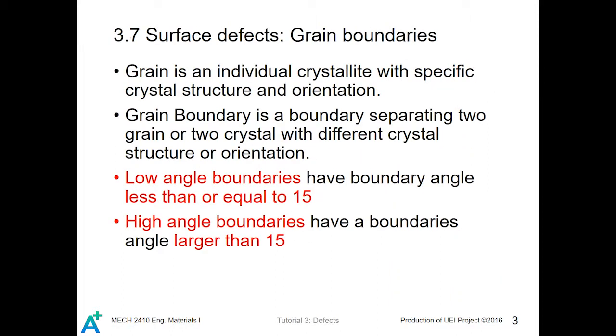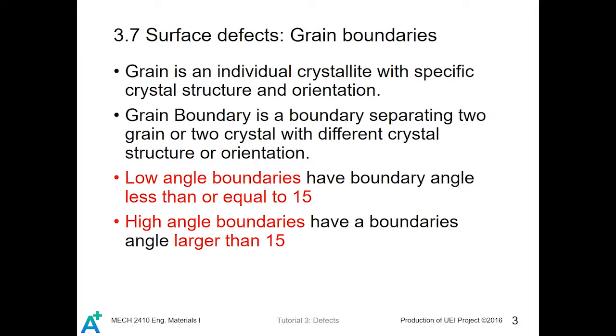Grain boundaries. Grain is an individual crystallite with specific crystal structures and orientation. And grain boundary is a boundary separating two grains or two crystals with different crystal structure or orientation.